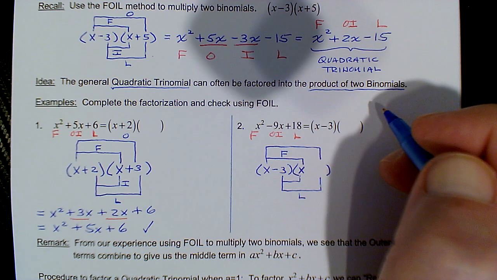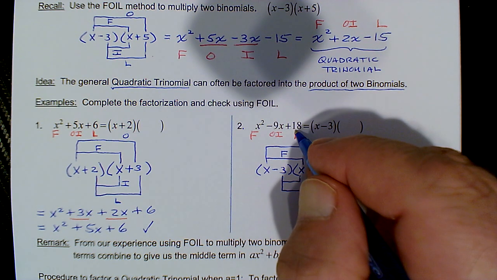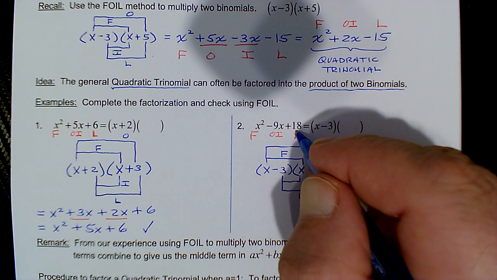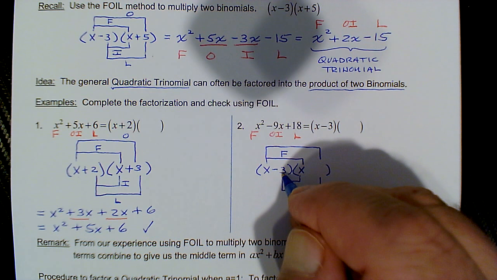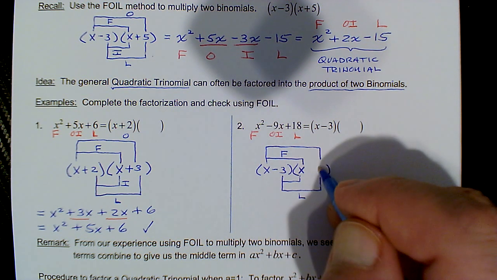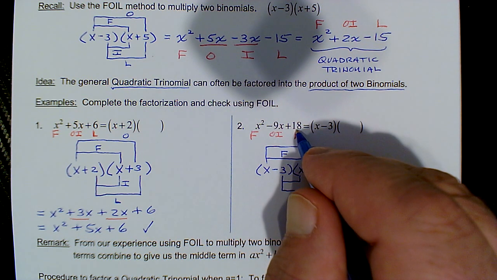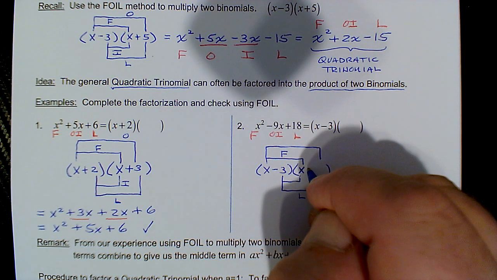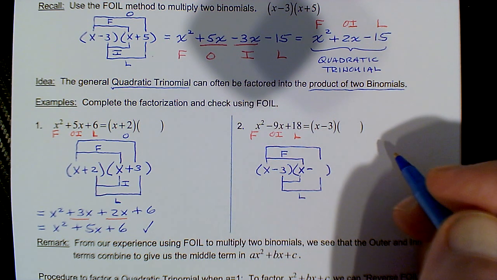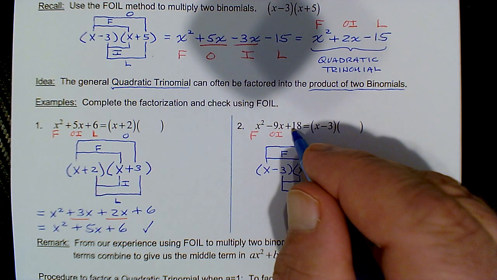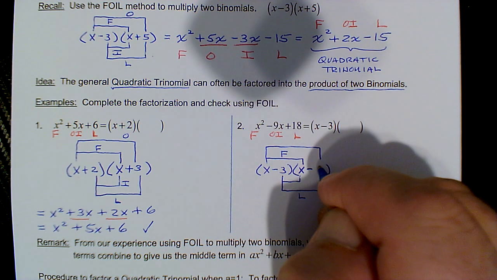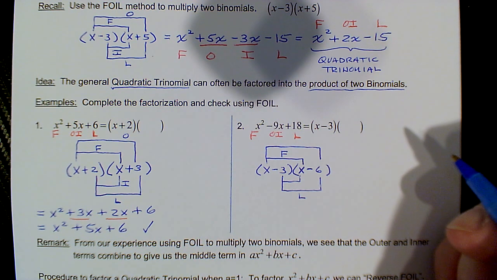And so, in order to produce a positive 18, what we want to do here is take this negative 3 times what is going to give us that positive 18. Well, I would need a negative to get a positive. And 3 times what is 18? That would just simply be 6.